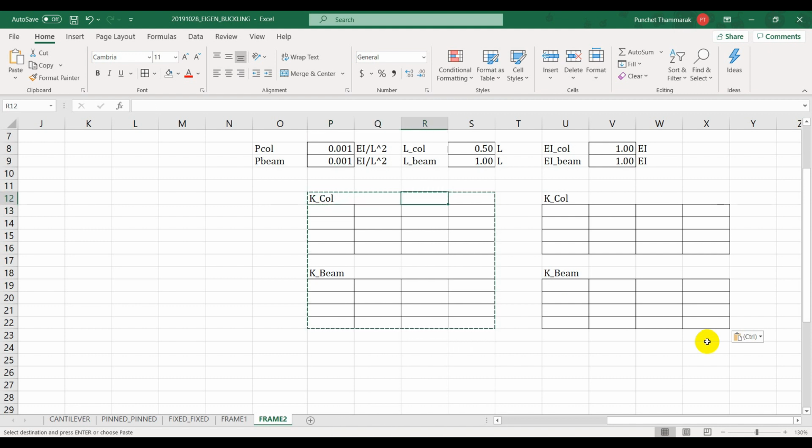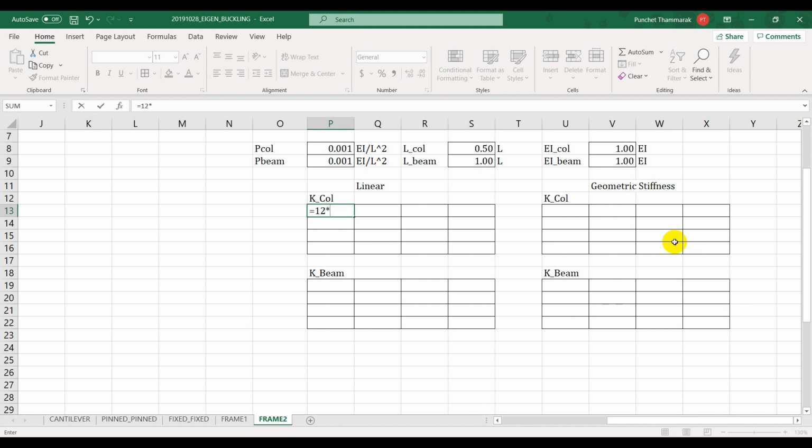The first on the left is the linear stiffness, and the second one is a geometric stiffness. So first one, this is equal to 12 times the scale of EI has to be in here, right? Divide by the scale of L cubed has to be in here.